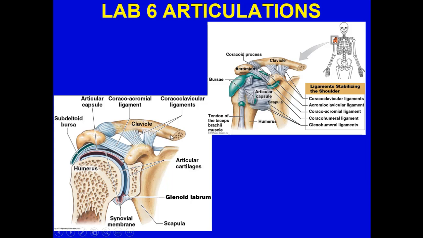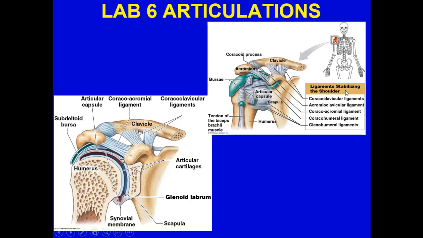You have over here basically the clavicle. You have the articular capsule. You have the synovial membrane here and here. So basically this space here is filled with some fluid to provide movement and stability. The scapula, the articular cartilages here and here, okay?